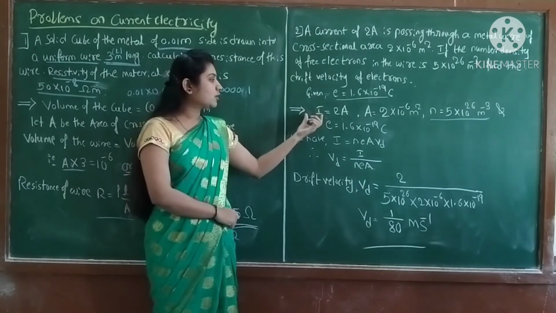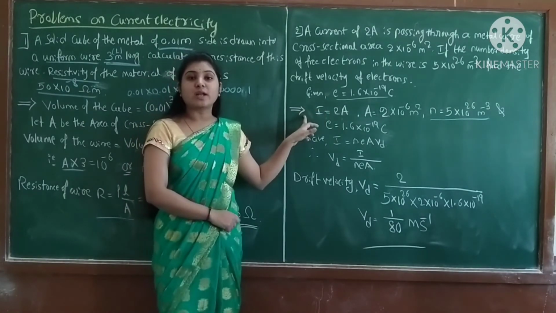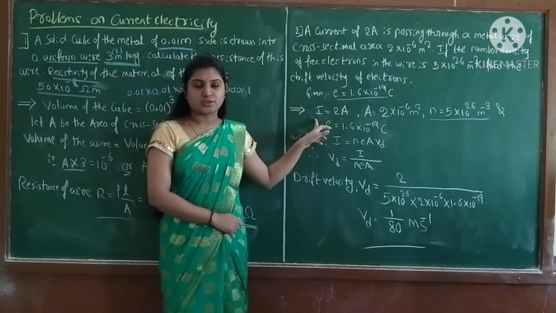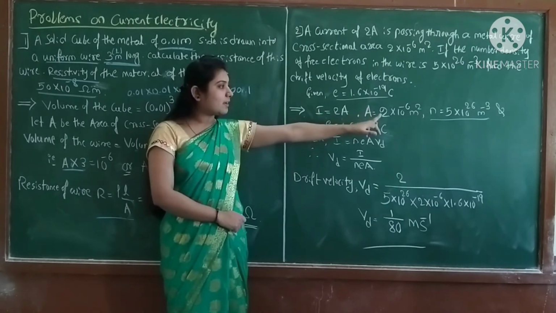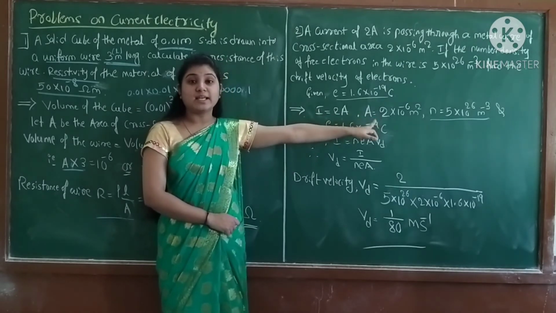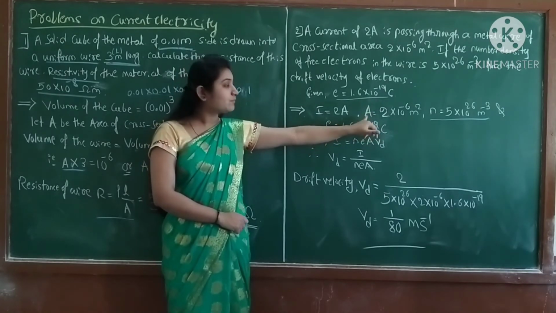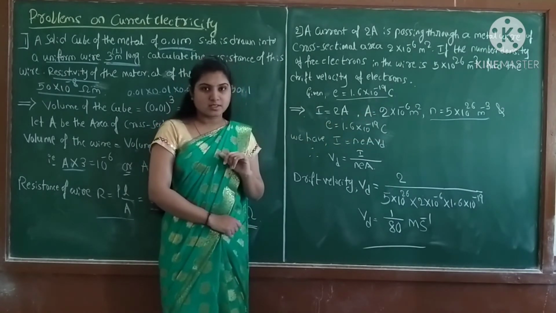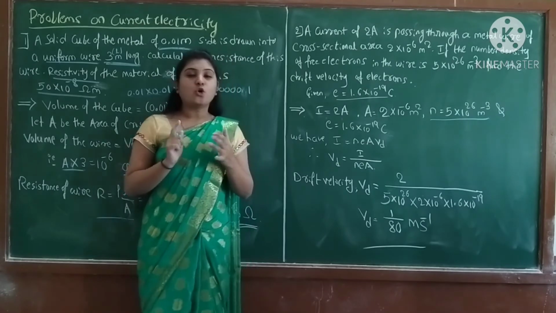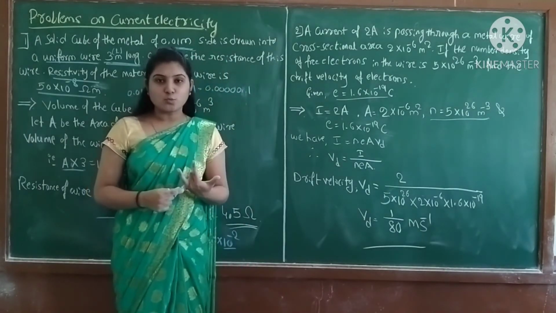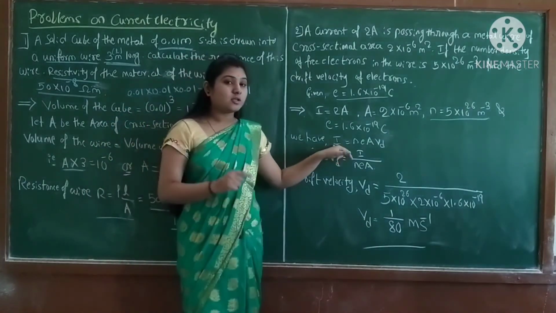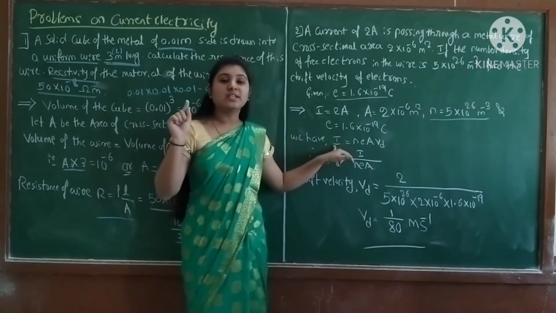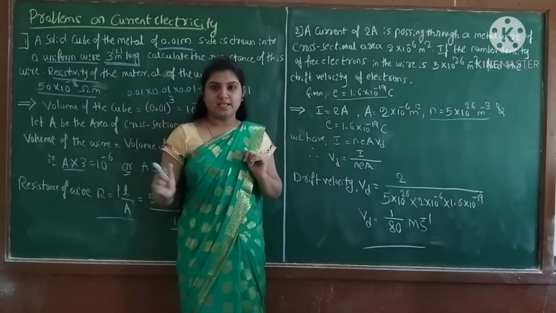Already you know the values, so first you write the given in the solution. What is that? Current I is given, and the number of electrons they given, n is equal to, and then area they given. Correct? So you know the drift velocity formula. What is that? I is equal to n e A v_d.